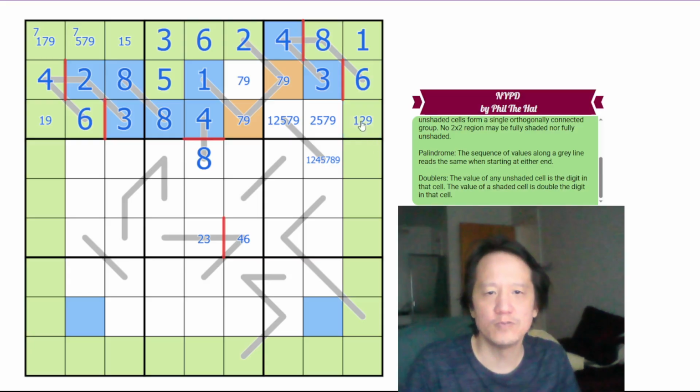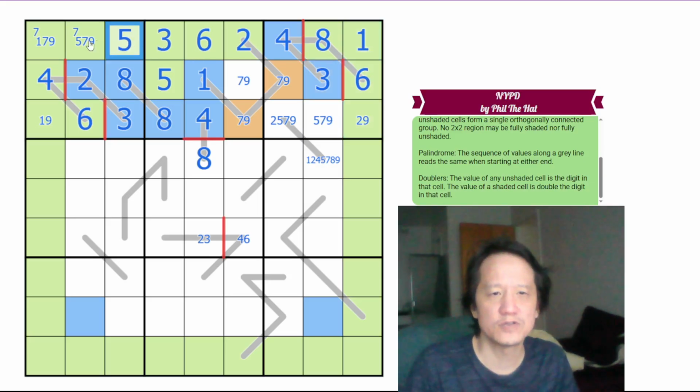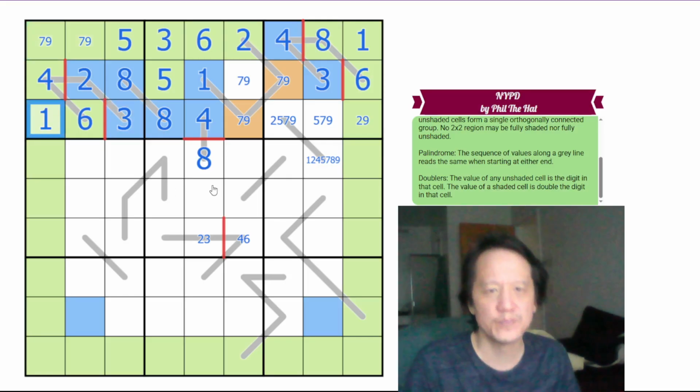None of these can be 1 here. 3 can't be next to 2. This 1 eliminates 1 here, so it's 5. This can't be 5. This can't be 1. This is a 7-9 pair, which eliminates 7, 9 in the rest of the box, so this is 1.